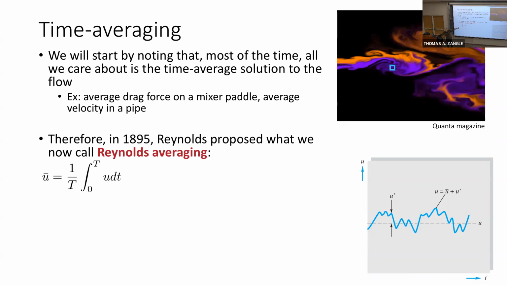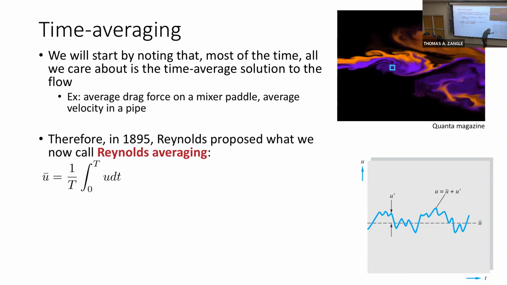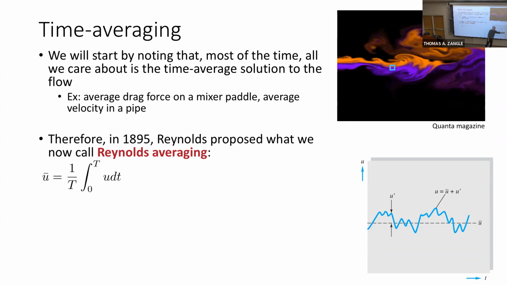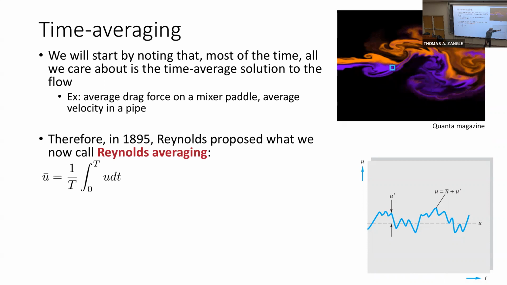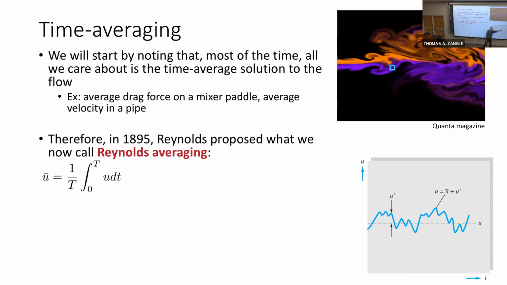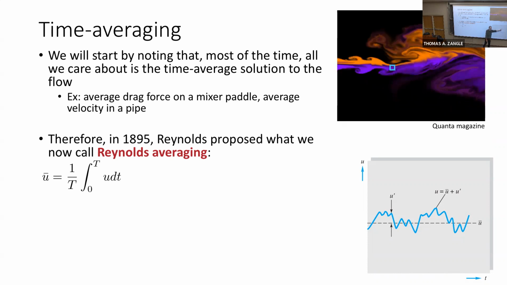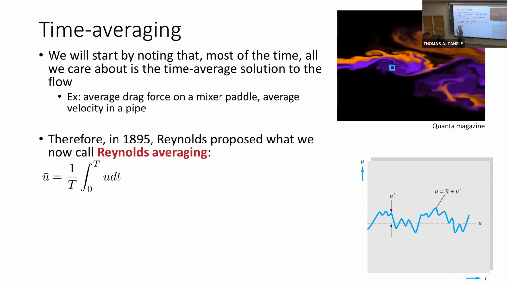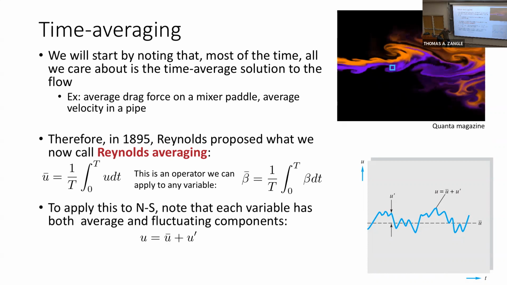So we have this concept of Reynolds averaging, where we split an instantaneous velocity U at some given point, let's say in a turbulent jet, into a time average component U bar and a fluctuating component U prime. We're going to try to develop a set of equations for U bar, which is really what we care about.